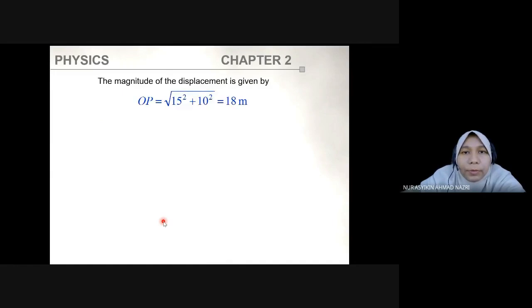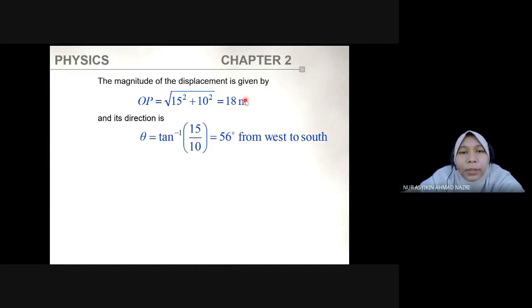Alright. So the magnitude given, displacement is 18 meter. But okay, the direction again we use as what we have learned before this. Okay, so 15 over 10, we get 56 degree from west to south. Ataupun kalau ikut buku survey dia guna south of west. Sama lah maksud dia. Okay.